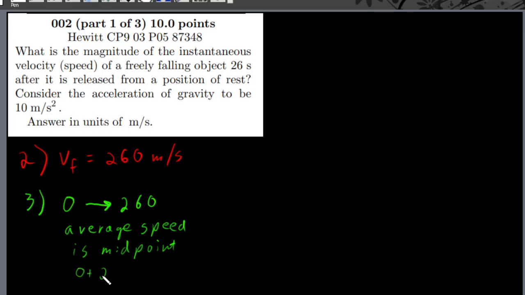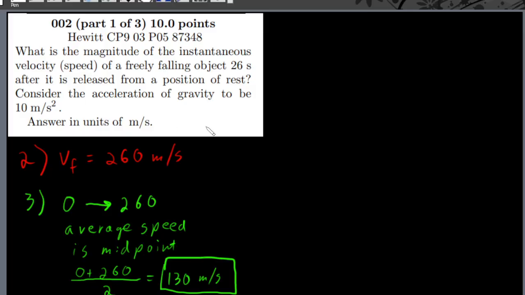So 0 plus 260, and then divide by 2, all of which equals 130 meters per second. Right. And so there's part 3 at 130 meters per second, meaning the average velocity over that time period. So we have the beginning velocity of 0, the ending velocity of 260, and the average velocity of 130.